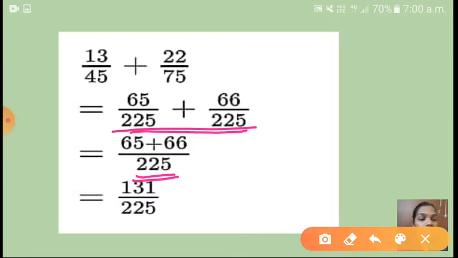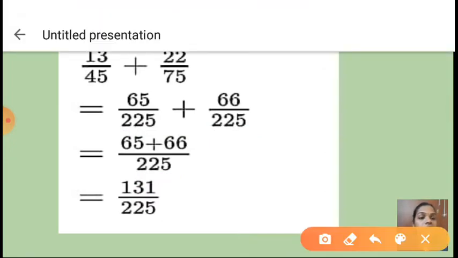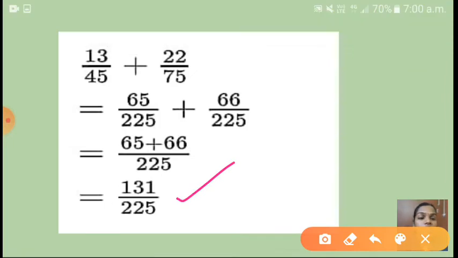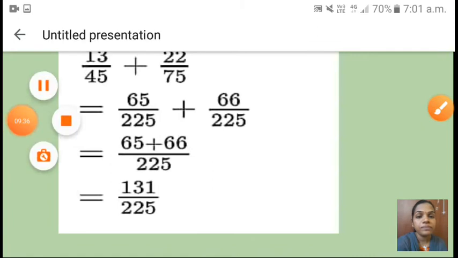So your answer is what? 131 upon 225. So the equivalent fractions of the given fractions are 65 upon 225 and 66 upon 225 respectively. And if you add the two equivalent fractions, your answer will be 131 upon 225. Okay children? I hope you understood this one.